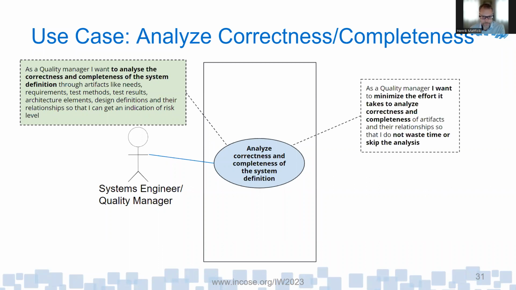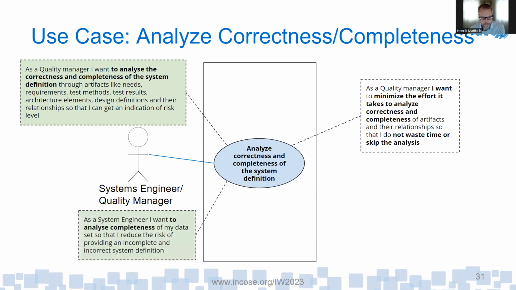While the systems engineer is also, of course, interested in completeness, you want to reduce the risk of having an incomplete or incorrect system definition that imposes a risk for the project. And again, we want to minimize the time it takes to do this, and enable us to do that in the first place, especially with very little effort.